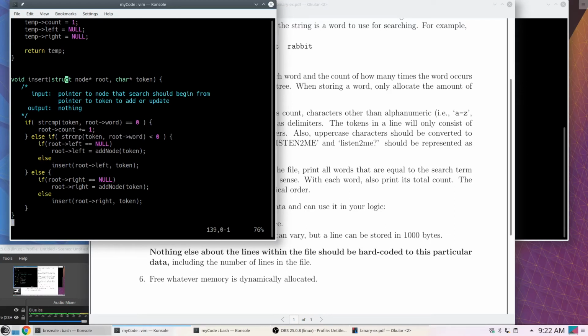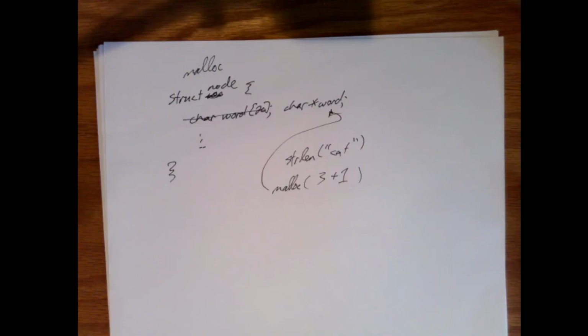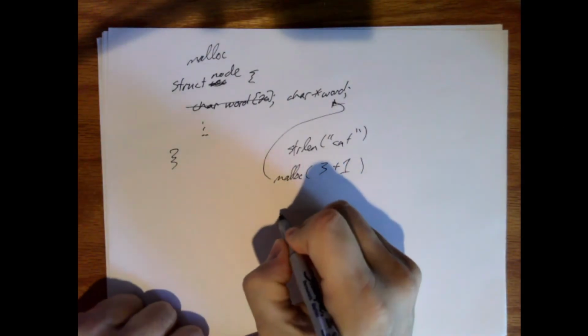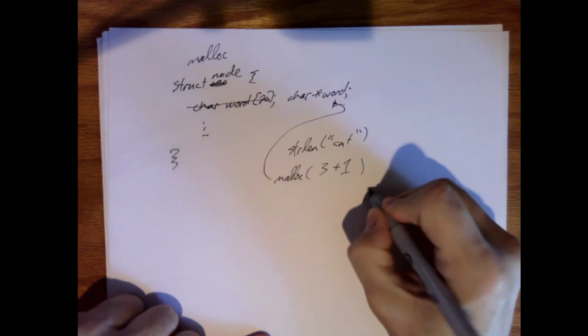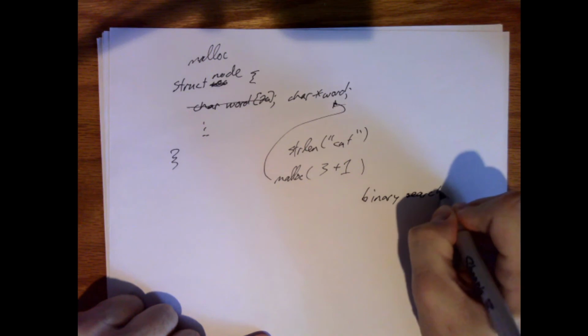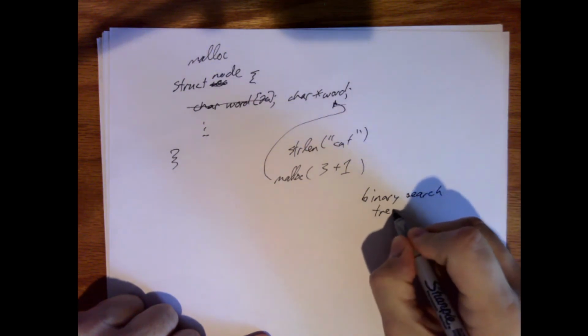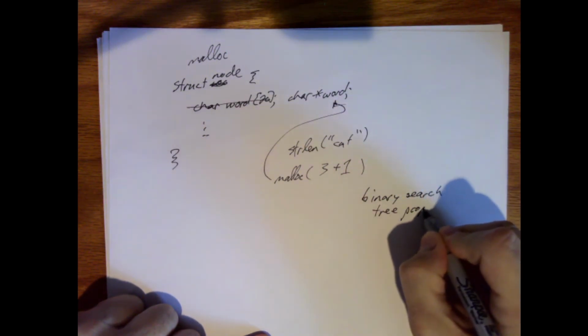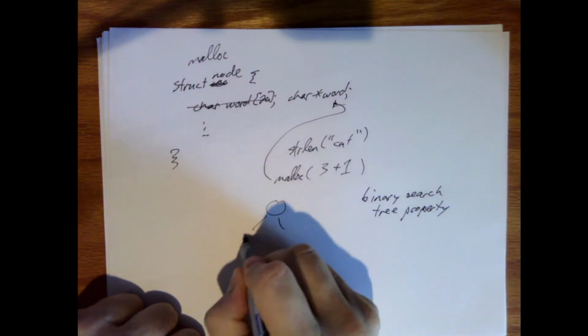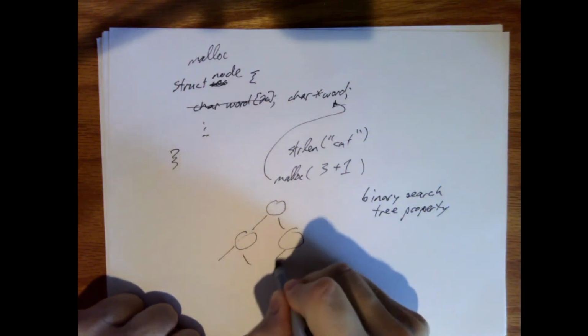So let's see what I said over there. So over there I said that the way this commonly works is the binary search tree property. I said that the relationship between nodes is basically this.